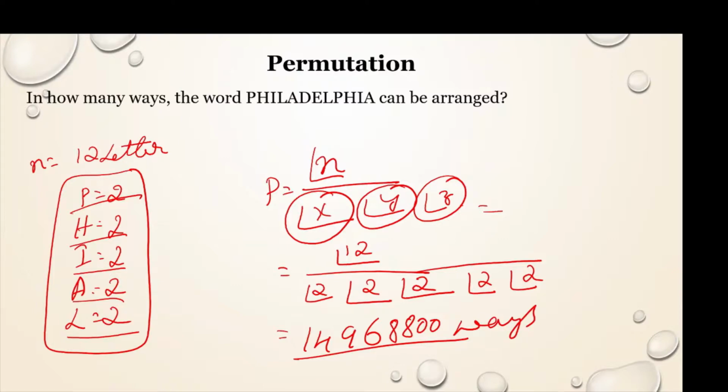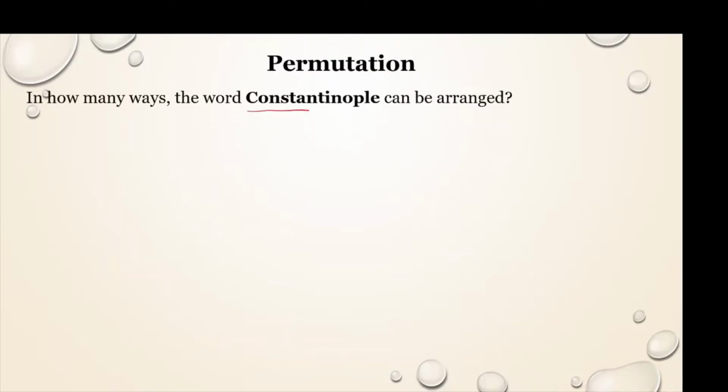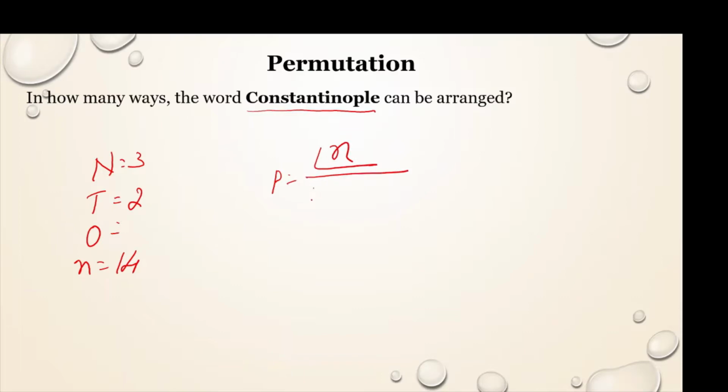Okay. Now let us try and understand the same concept with one more problem: Constantinople. Here N appears 3 times, T and O appear twice, and Constantinople is a 14-letter word. Now the permutation can be identified because there is repetition: factorial n divided by factorial x, factorial y, factorial z.